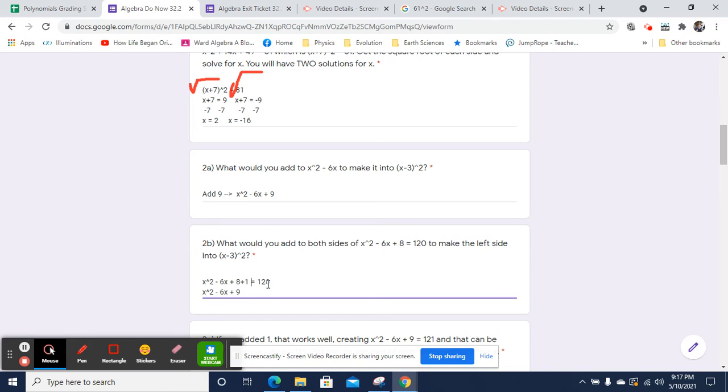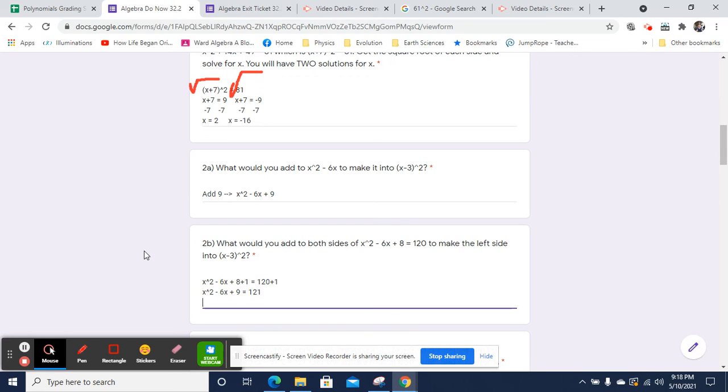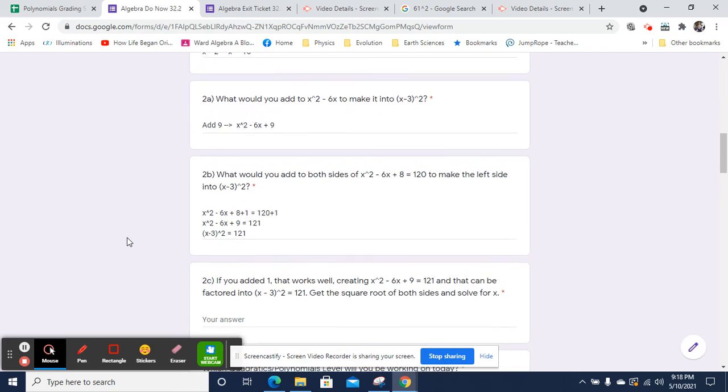So we add just 1 here and 1 there, and we end up with x squared minus 6x plus 9 equals 121, which happens to be a perfect square. So you'll end up with x minus 3 squared equals 121. Okay, let's go to the next one.